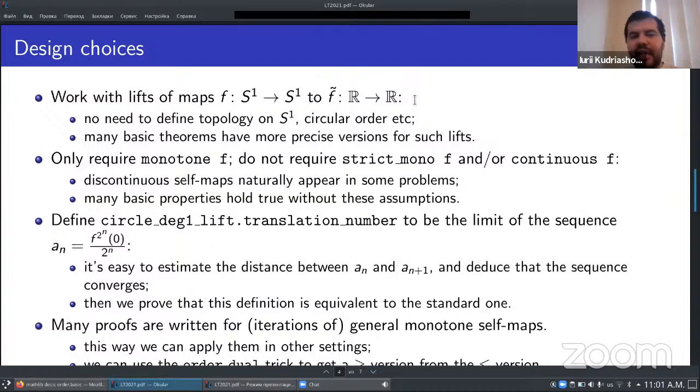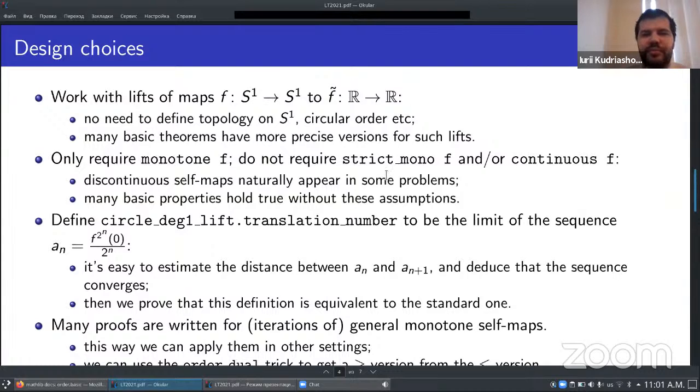And second, for many basic results, there are versions that deal with lifts to maps from R to R, and these versions provide somewhat more precise statements.